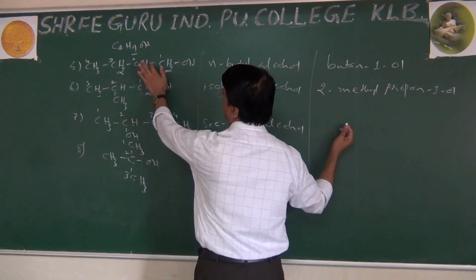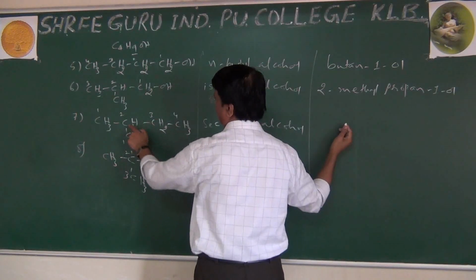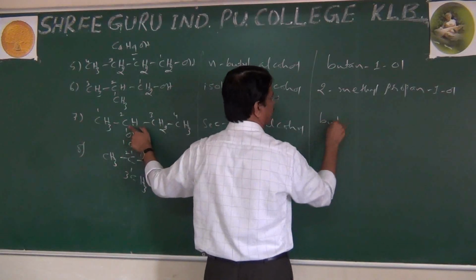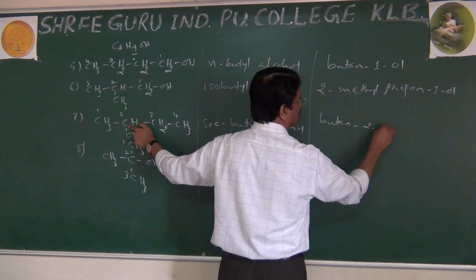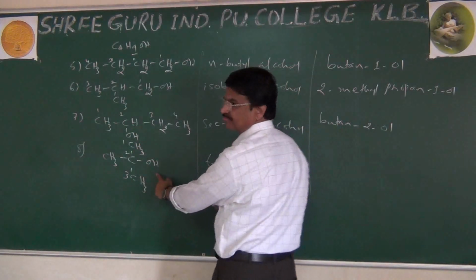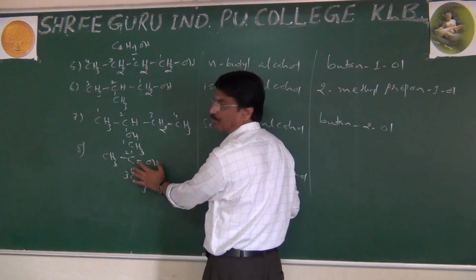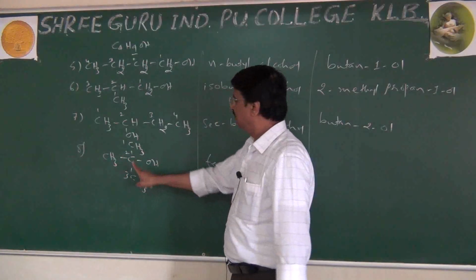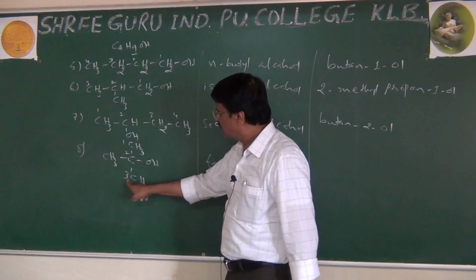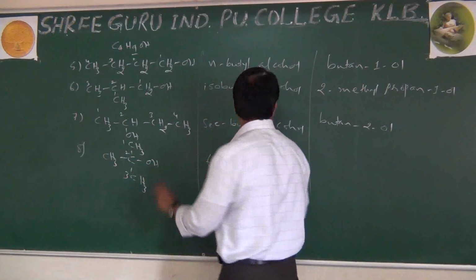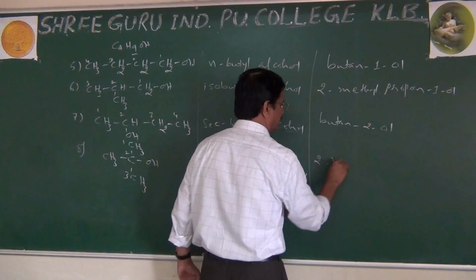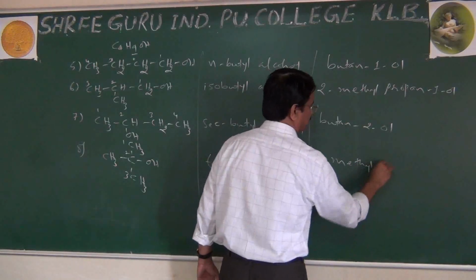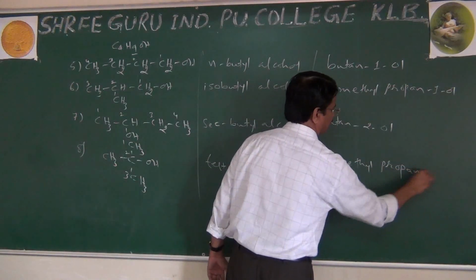This is similar to butane 2-ol. And last, tertiary butyl alcohol, common name. Its IUPAC name is 2-methylpropane 2-ol.